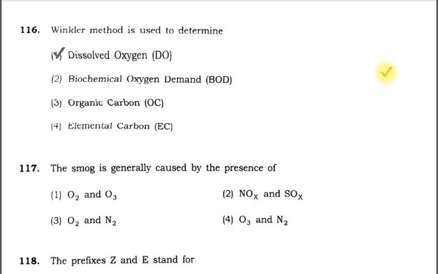The correct option is the second option, NO2 and SO2. Smog is air pollution, where gases like sulfur dioxide and nitrogen dioxide are released in the air and remain suspended as fine particles.